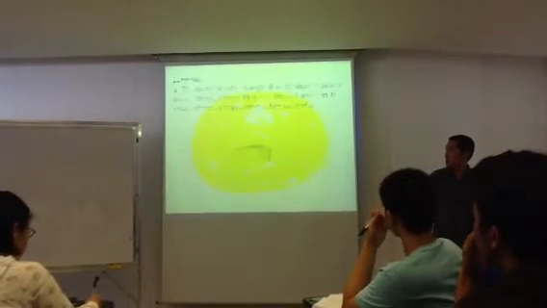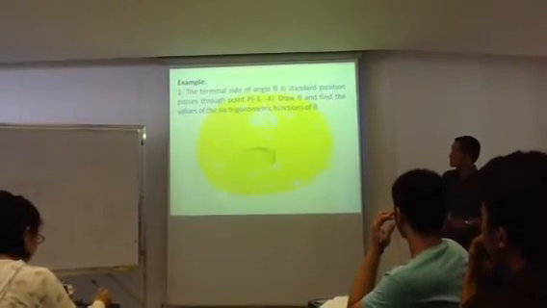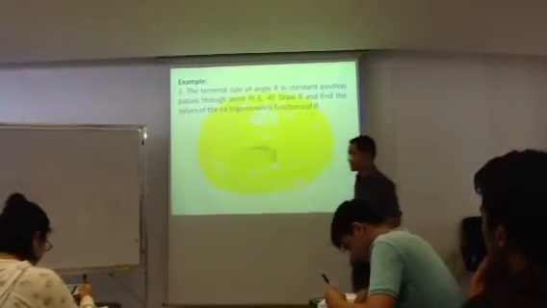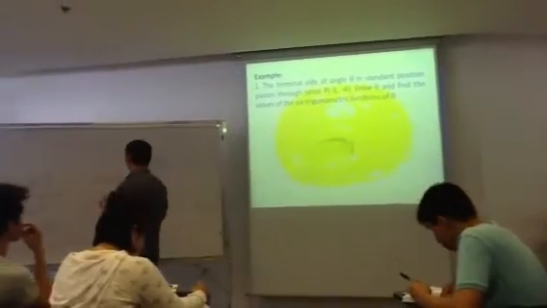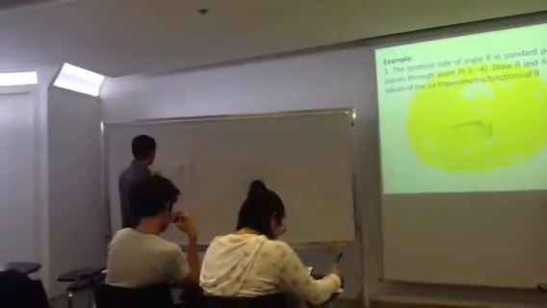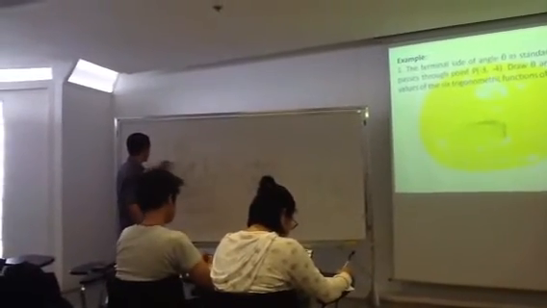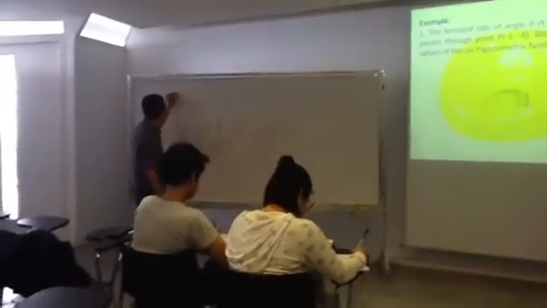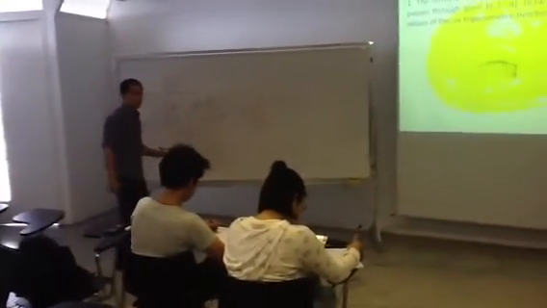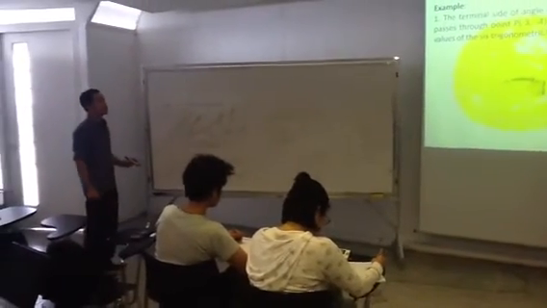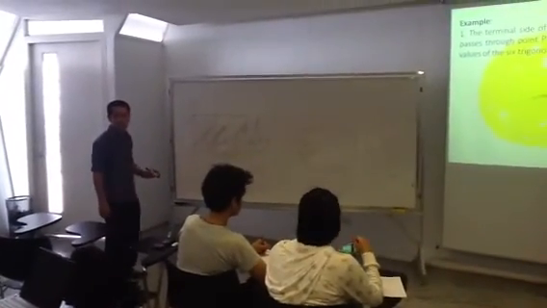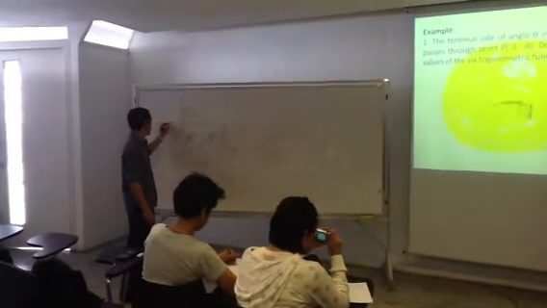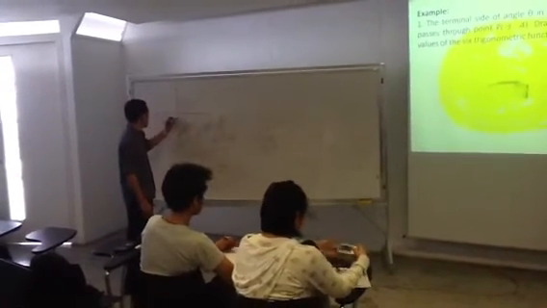Now let us consider this example. Suppose that the terminal side of the angle in standard position is located at -3 and -4. If we illustrate it on our Cartesian plane, we can say that point P is located at quadrant 3, because x is negative and y is also negative.